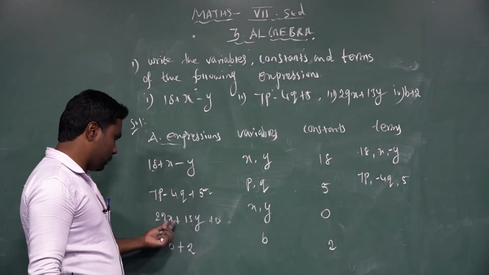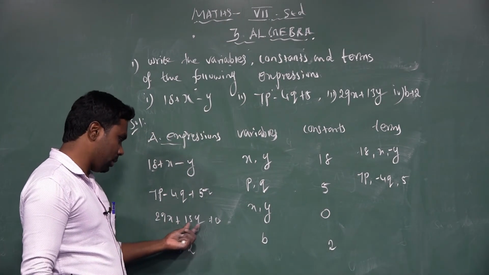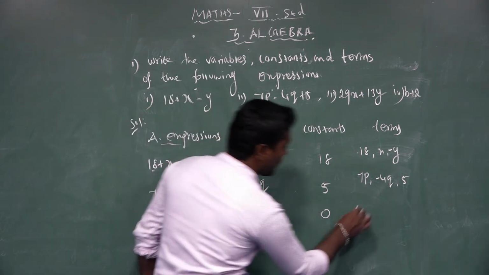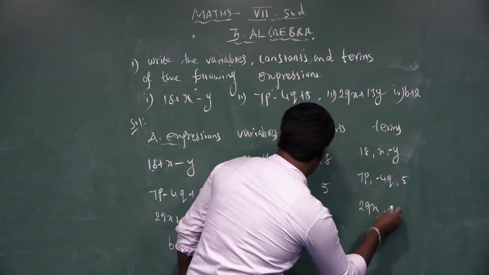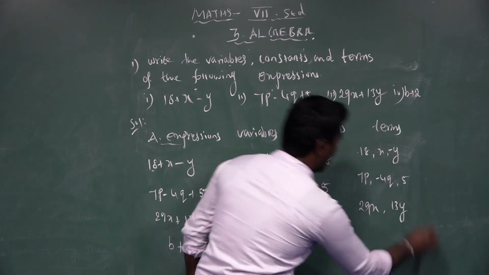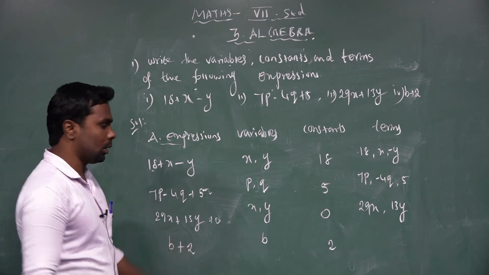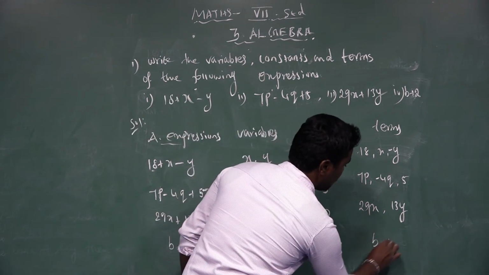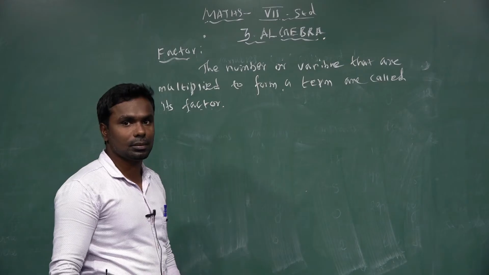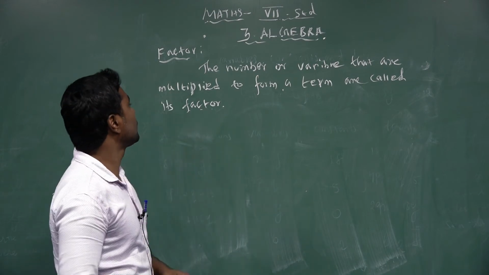The third one, 29x plus 13y, has 2 terms: 29x, 13y. And the last one, b plus 2, has b and 2 as terms.